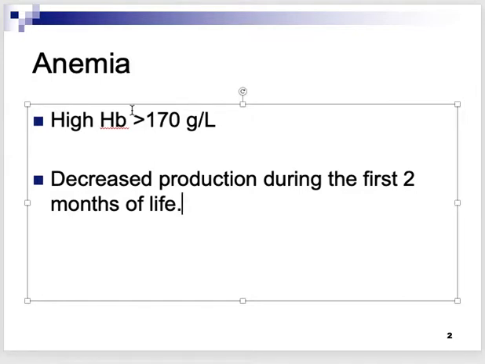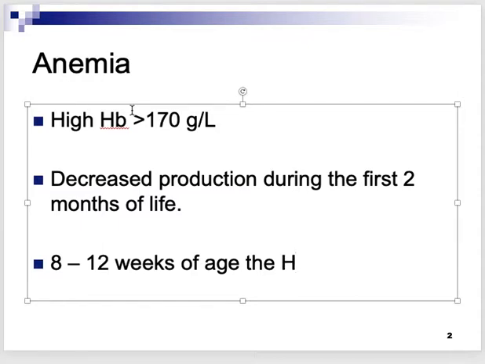That's the reason that around 8 to 12 weeks of age, which is the 2nd or 3rd month of their life, the HB falls down to around 100 gram per liter. This is the lowest level, and this is called physiological anemia.